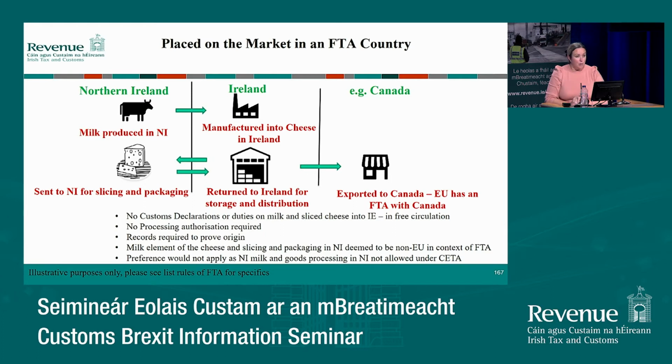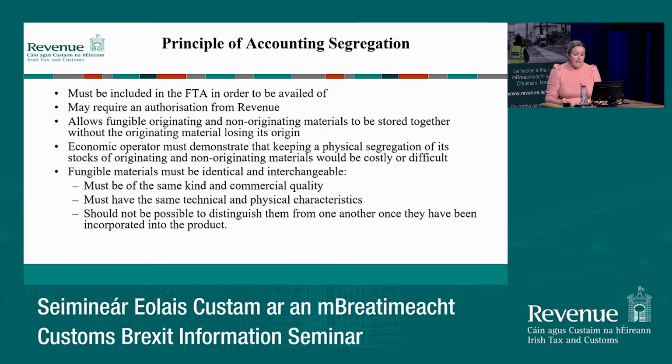However, you would be required to keep all your records to prove the origin, and the milk element of the cheese, and in this instance, the slicing and packaging in Northern Ireland are all deemed to be non-EU in the context of that free trade agreement. So the preference would not apply in this instance because the milk and the processing in Northern Ireland would not be allowed under CETA.